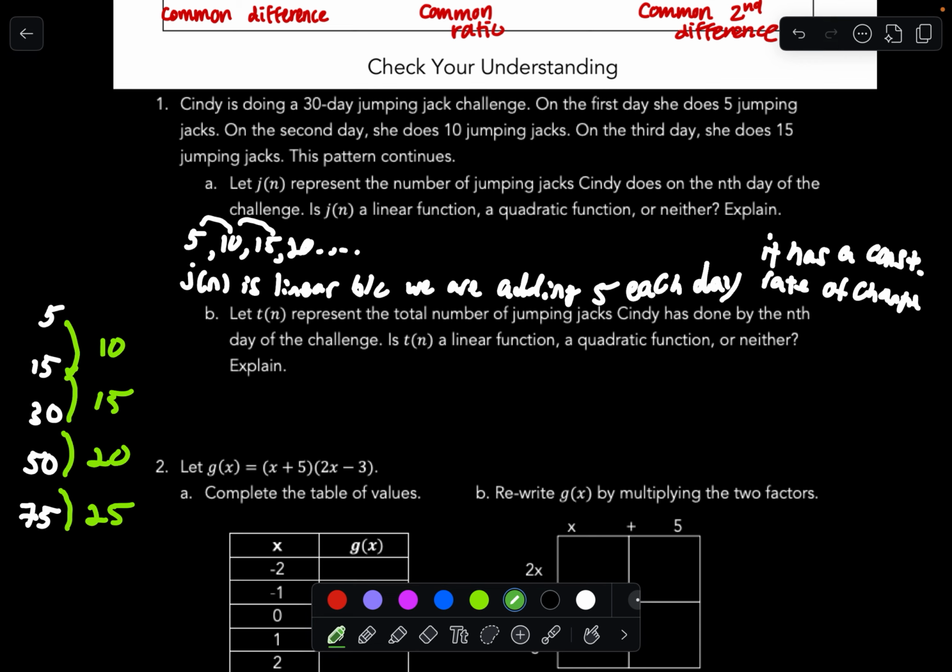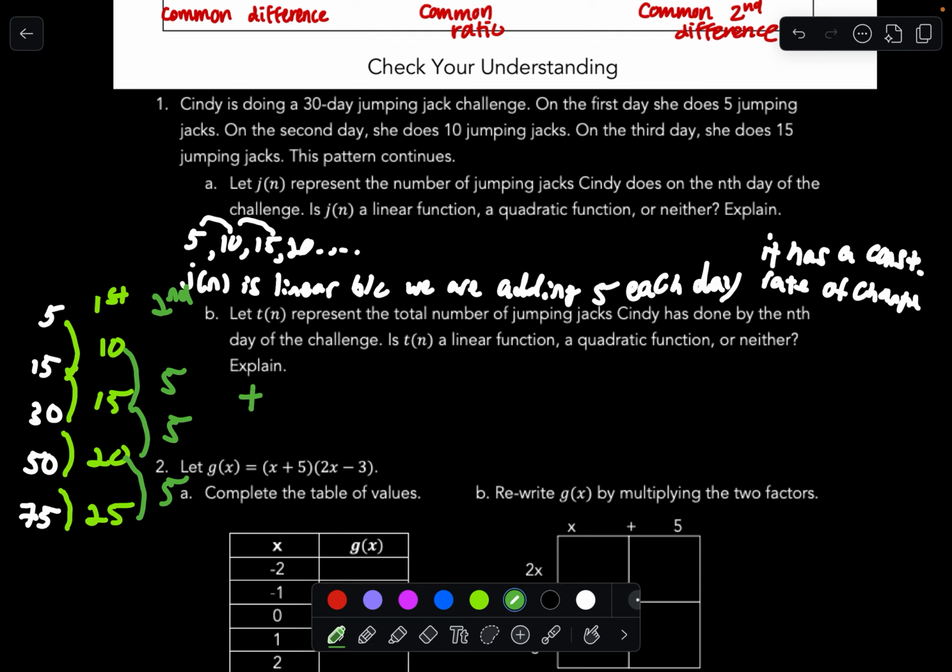This is the first difference, the difference of the original values. If we look at the second difference, the differences of the differences, you would see that we have 15 minus 10 is 5, 20 minus 15 is 5, and 25 minus 20 is 5. Notice the second difference is constant.